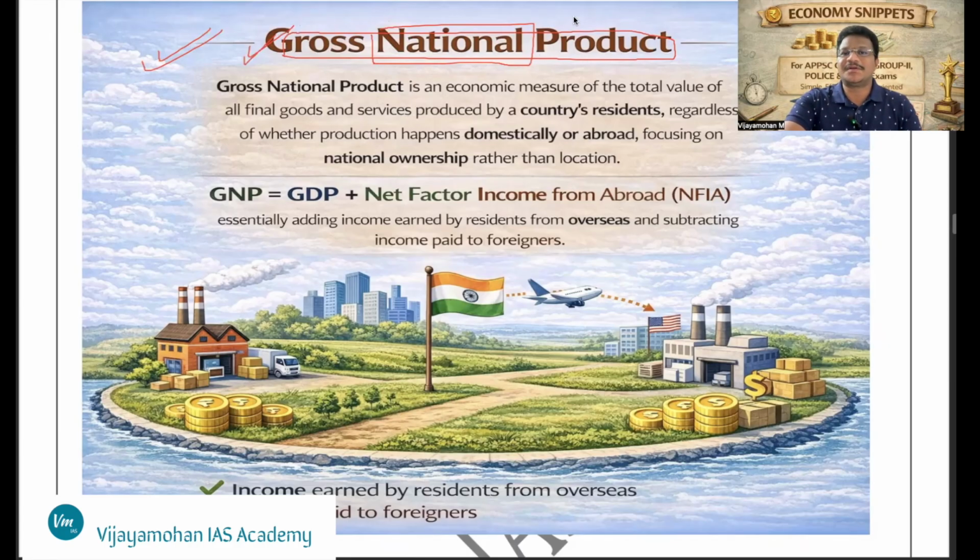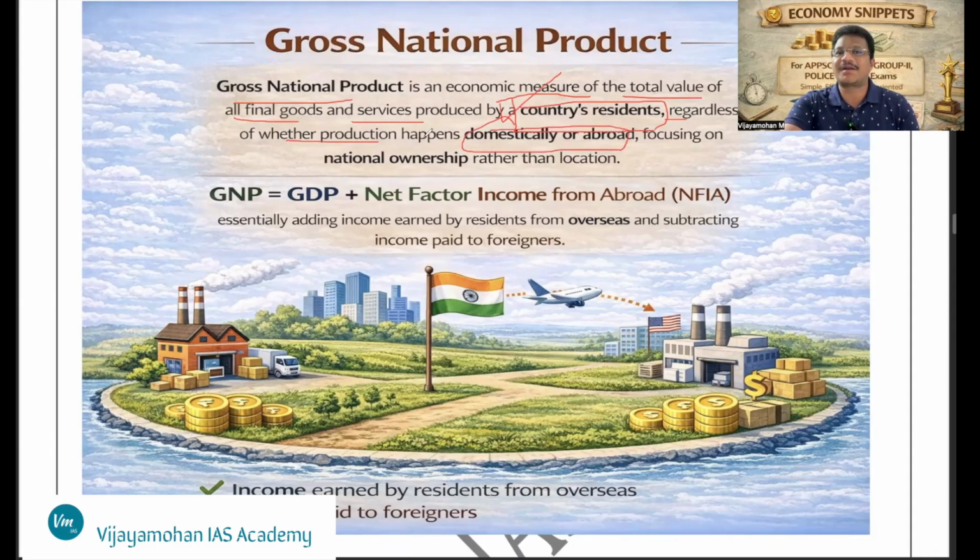Gross national product is an economic measure of the total value of all final goods and services produced by a country's residents, regardless of whether the production happens domestically or abroad.